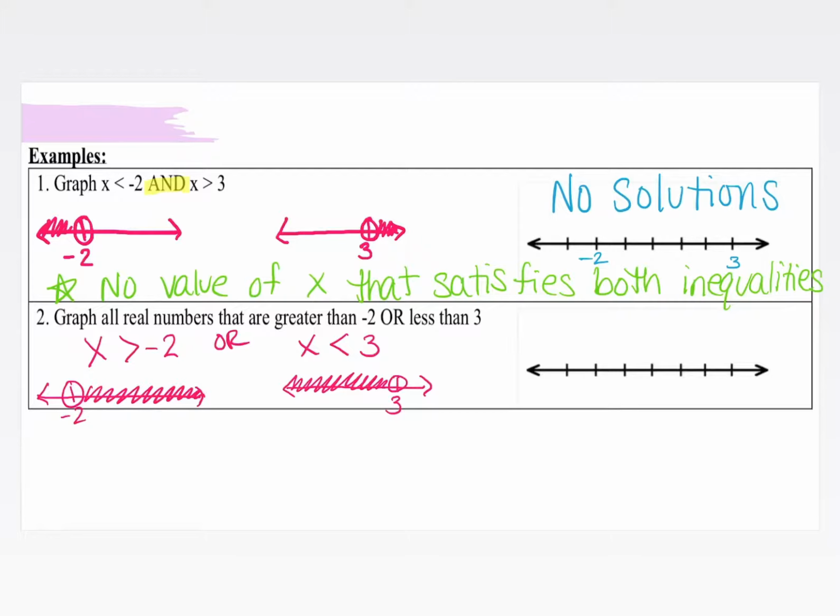Now, because we need values that will satisfy at least one of the inequalities, let's think some examples that are either greater than -2 or less than 3. If we were to put these two graphs on top of each other, what would our number line look like?